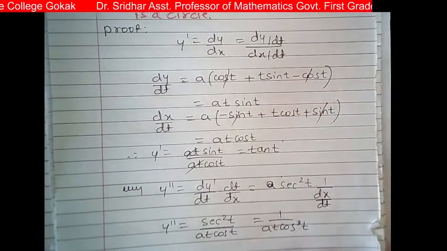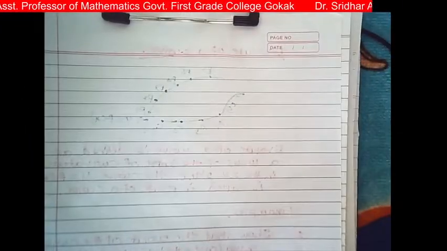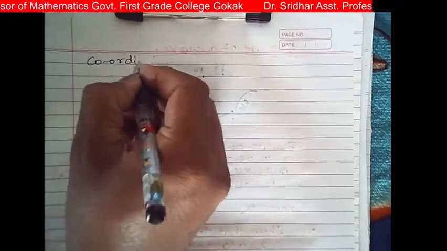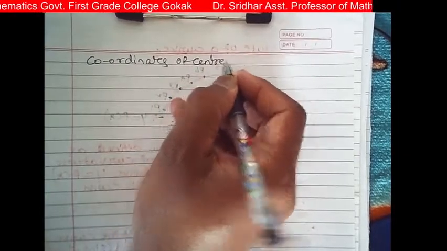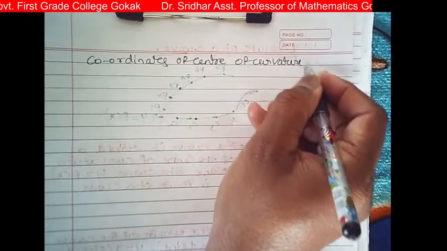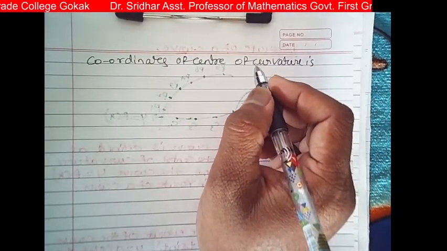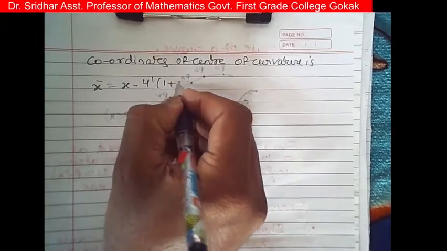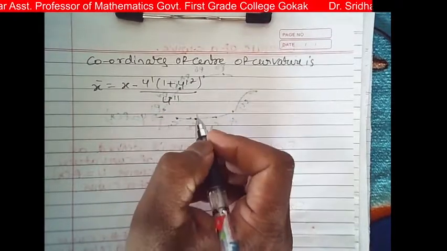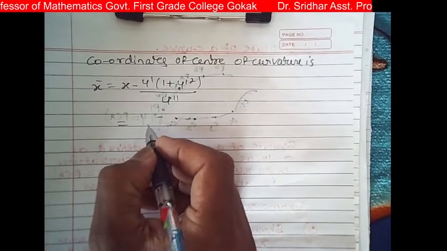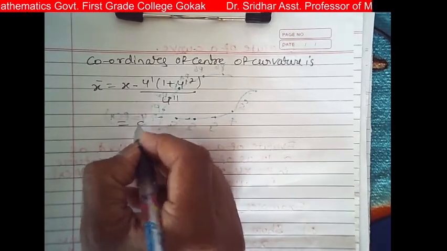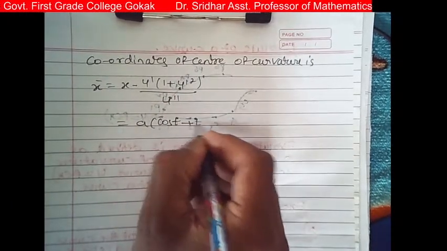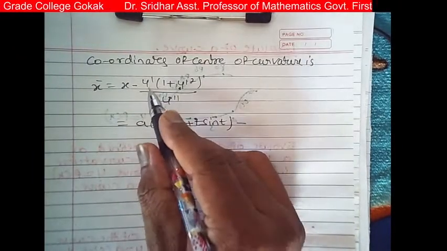Now therefore coordinates of center of curvature is given by x bar is equal to x minus y dash into 1 plus y dash square whole divided by y double dash, or which is equal to, so x means this is a into cos t plus t sin t minus this y dash.